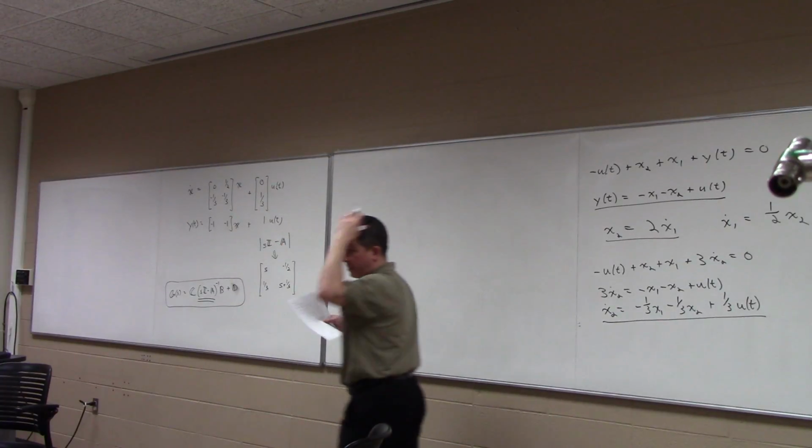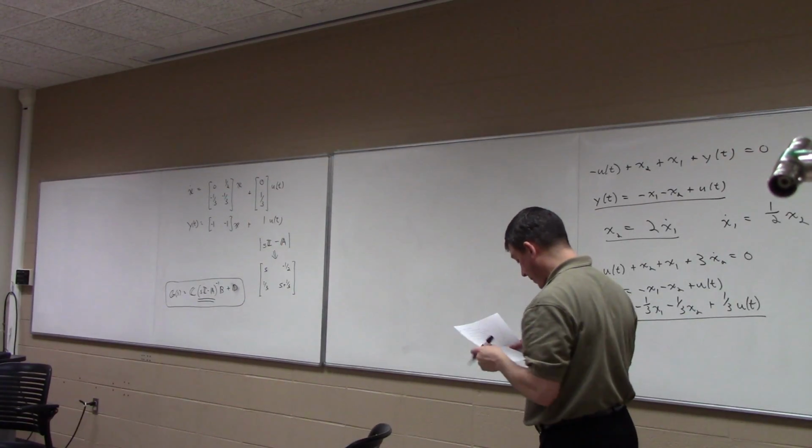Now I take the determinant of sI minus A. That's how I find my eigenvalues, right?